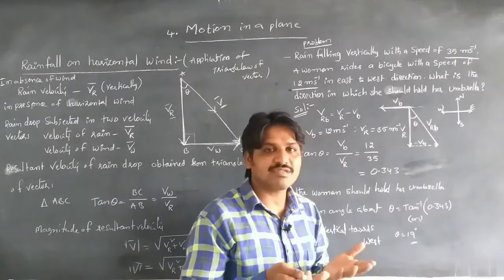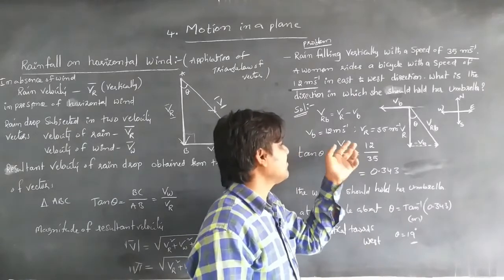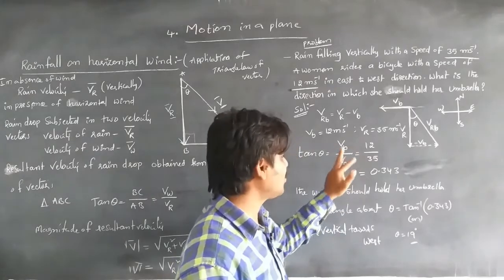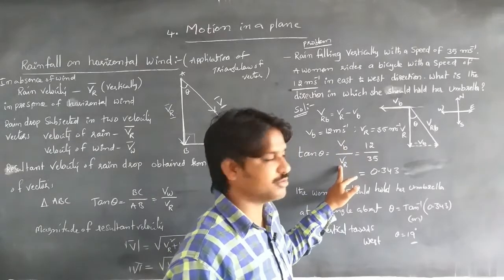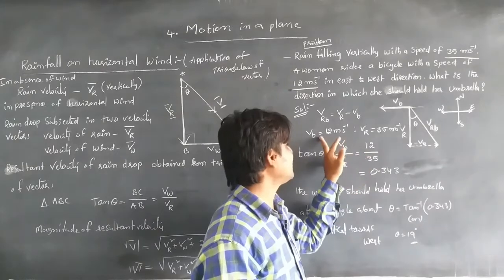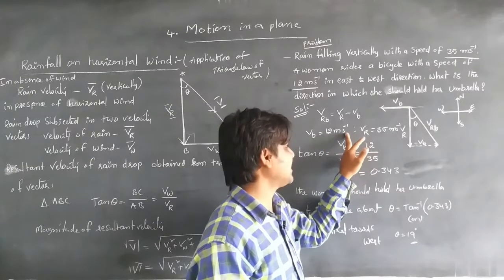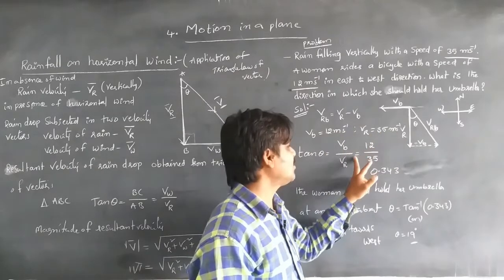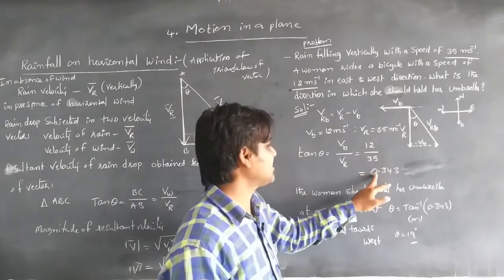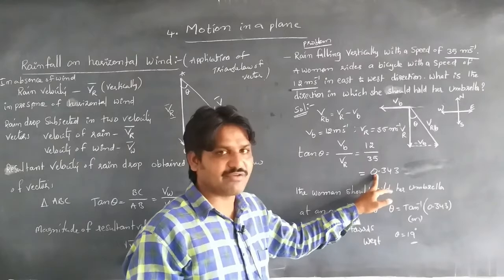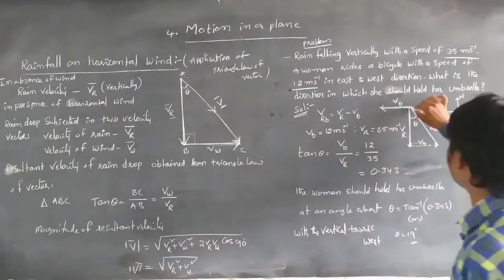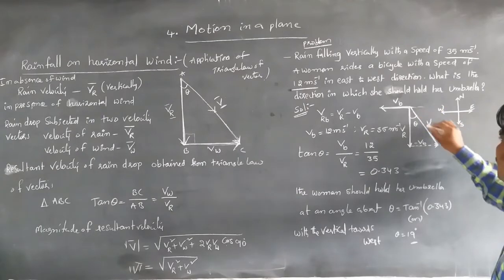The velocity of the bicycle is 12 meter per second and the velocity of the rain is 35 meter per second. By calculating, we get 0.343. So she should hold her umbrella in this direction.